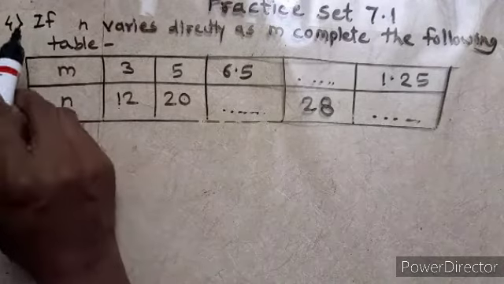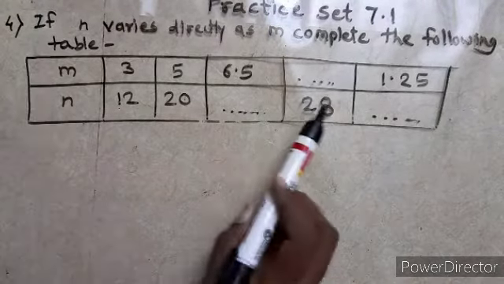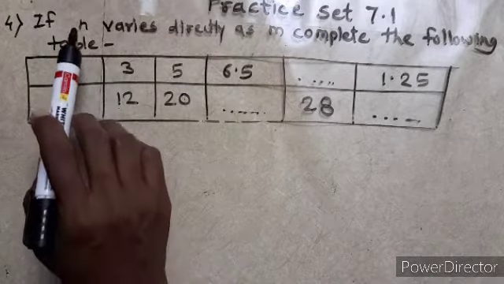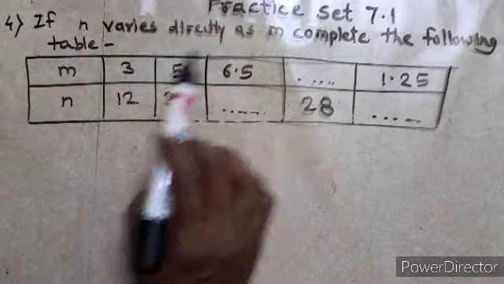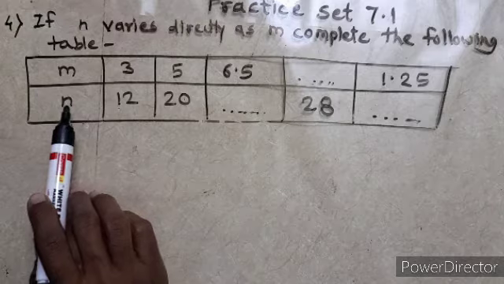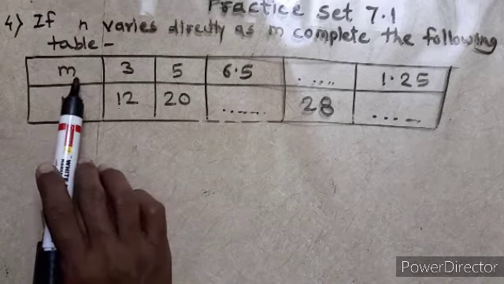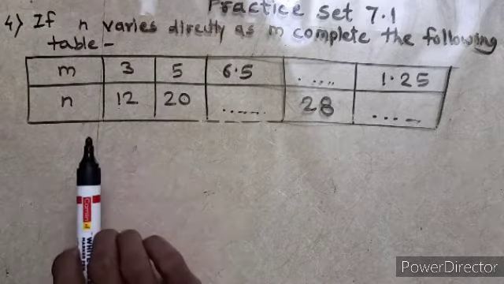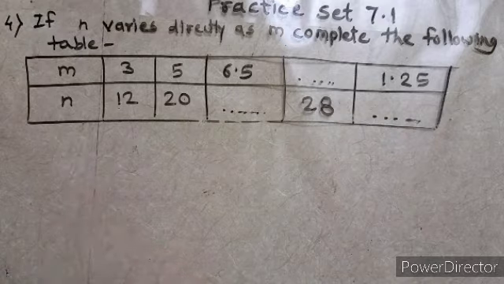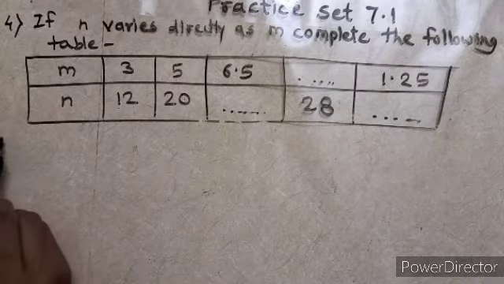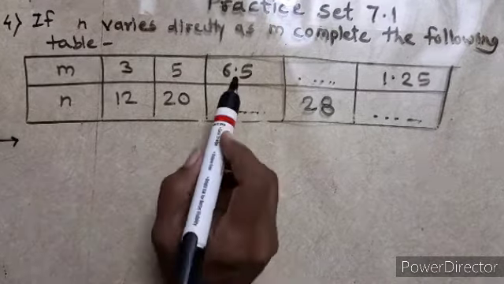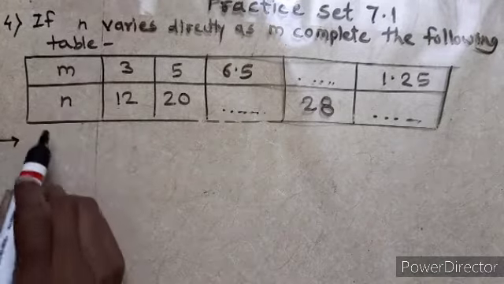Question number 4. Here a table is given. In this table, n varies directly as m. We have to complete the table. So first, what is given?